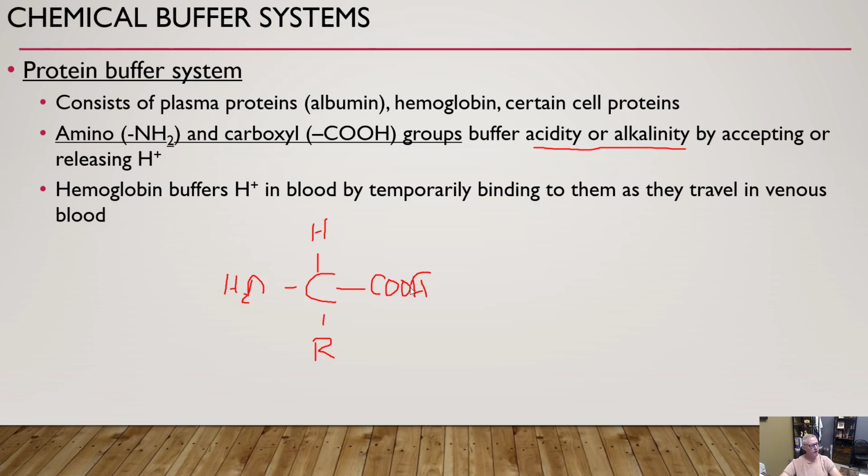So here we could actually get rid of this hydrogen to release that hydrogen, or if we need to take on a hydrogen, if we have a free-floating hydrogen, we could actually put that hydrogen right there. And that would help with our buffer system by altering the pH of the blood to adjust our pH.